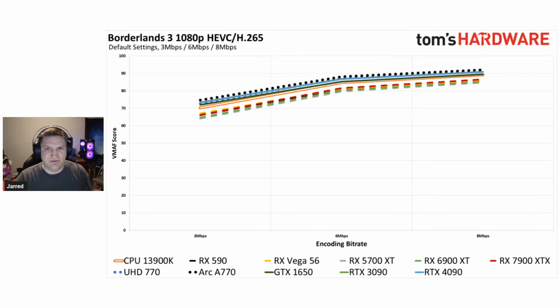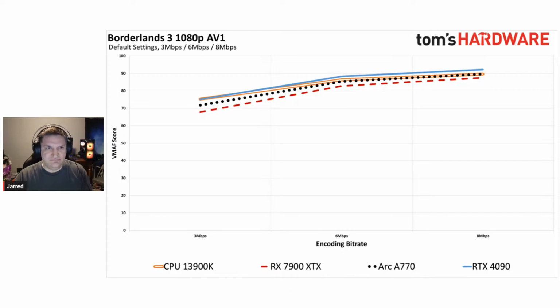And the CPU increases slightly. Actually, the CPU got a pretty good bump at the 3 megabits per second range. So that's what the quality looks like. Now at the top end of the scale, 8 megabits per second, we're getting cards that are doing 90 and above, which, it's not perfect, but it's pretty dang good.